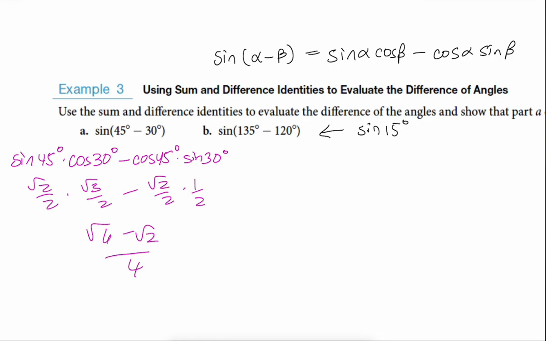Now, for part B, our alpha is 135, our beta is 120. Okay, so this is going to be the sine of 135 times the cosine of 120 minus the cosine of 135 times the sine of 120. Now, here's my illustration in the fact that our first quadrant is more in our brains than the second quadrant.